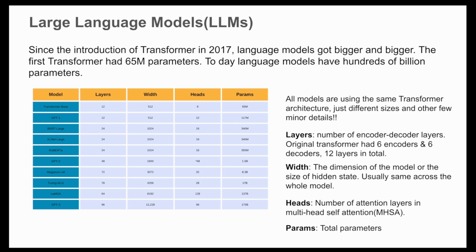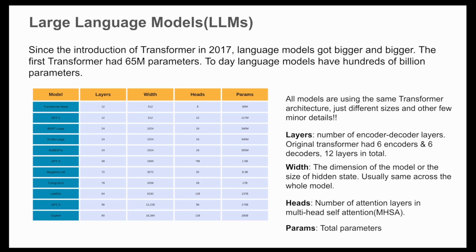GPT-3 had 96 layers, 12,288 width or dimension of the model. GPT-3 also had 96 heads, or number of attention layers in multi-head self-attention. In total, GPT-3 had 175 billion parameters, which is pretty huge.